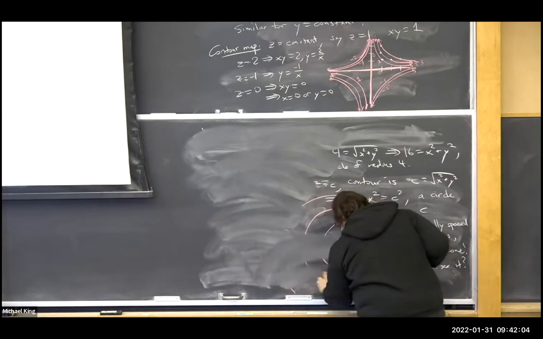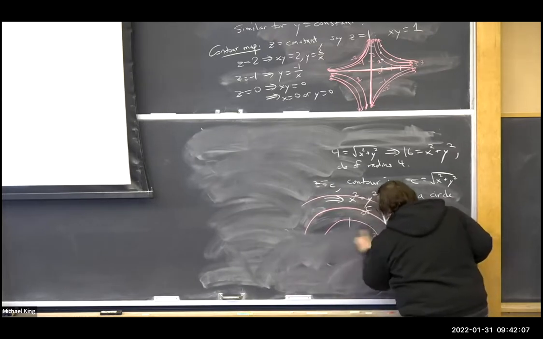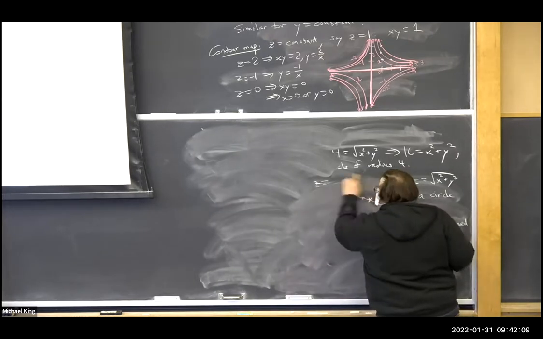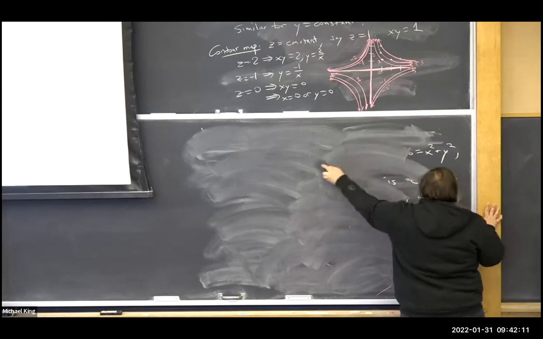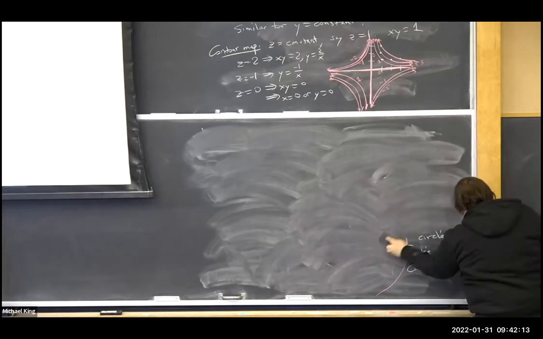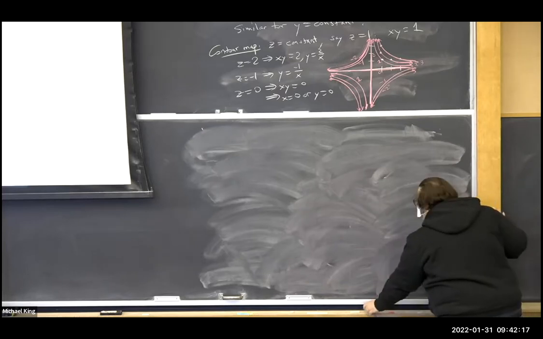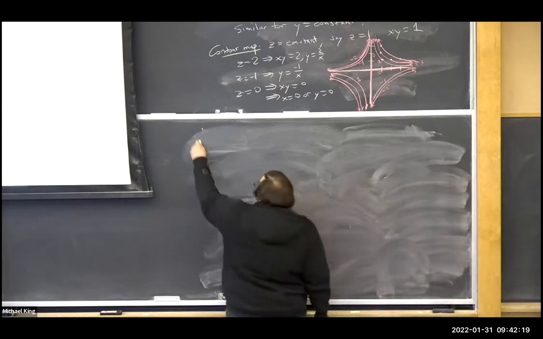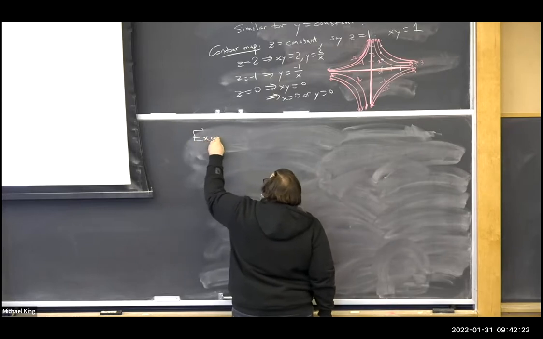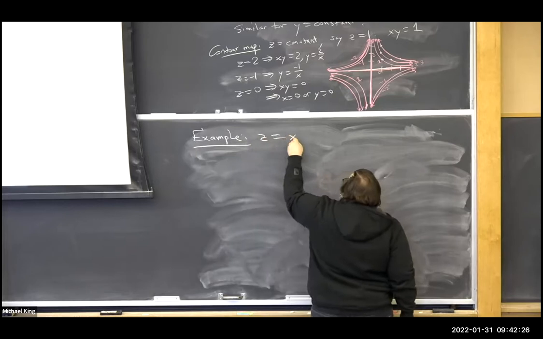And then we can talk about when a variable is missing. That's sort of an interesting case. And then we can talk about linear functions. Anyways, I think we're doing okay. But this is just example after example. You just have to do examples to start to build up a feel for this stuff, right? So I said z equals x squared plus y.